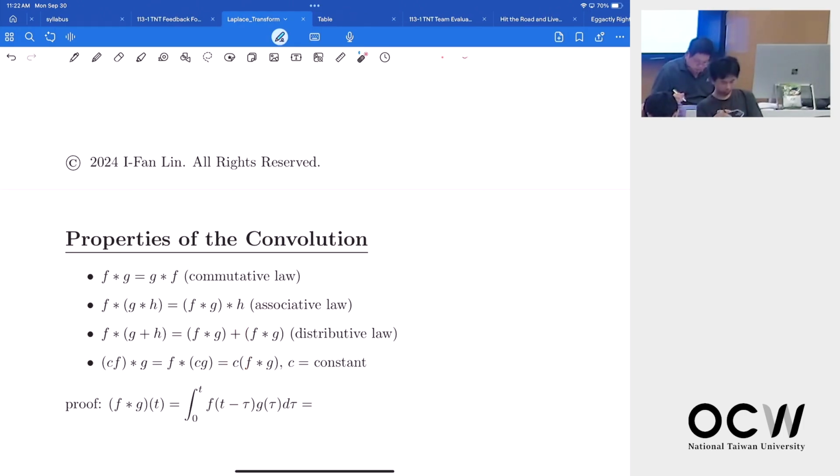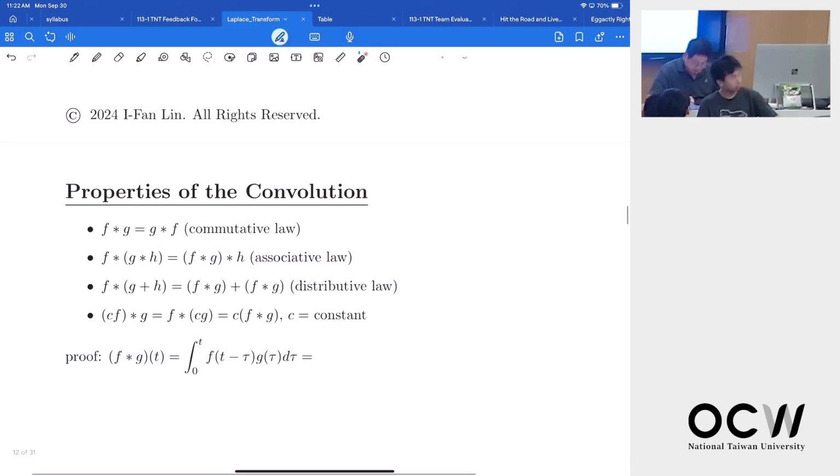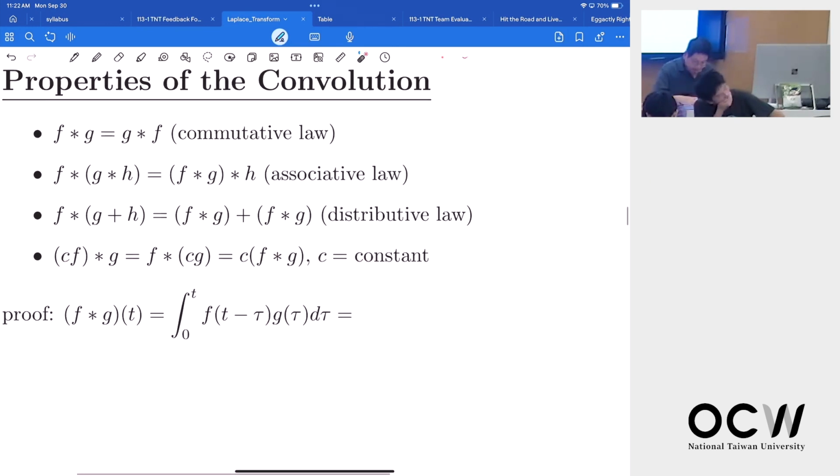So let's just prove the commutative law: f convolve g equals g convolve f. By the definition, f convolve g, we keep the g, but the f I flip and shift. Okay.